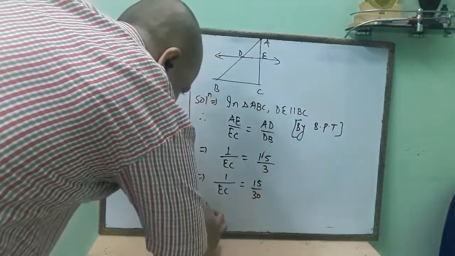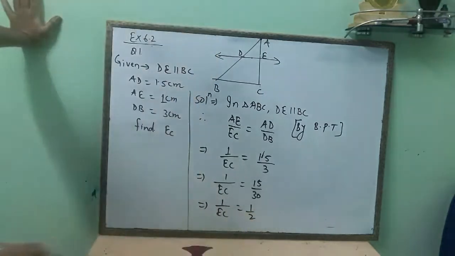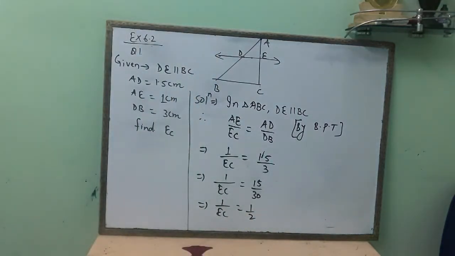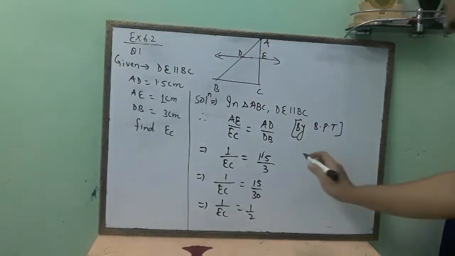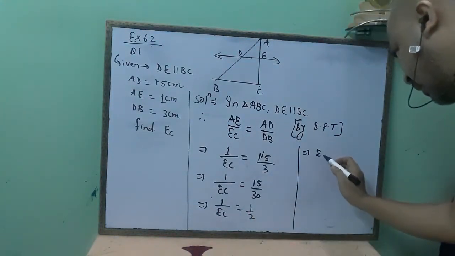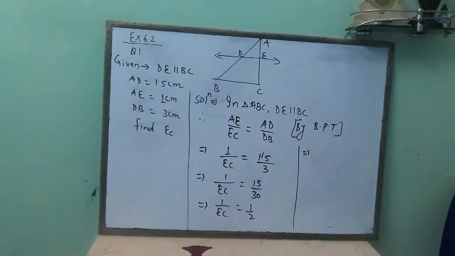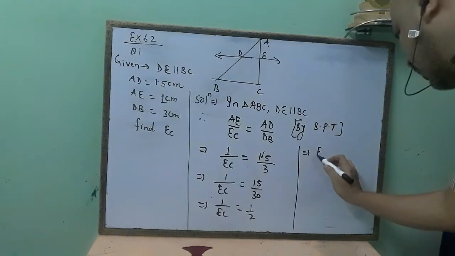Now 15 by 30 can be written as 1 by 2. Now just see, the numerator is equal, so we will just compare the denominator. It will be EC is equal to 2 centimeter.